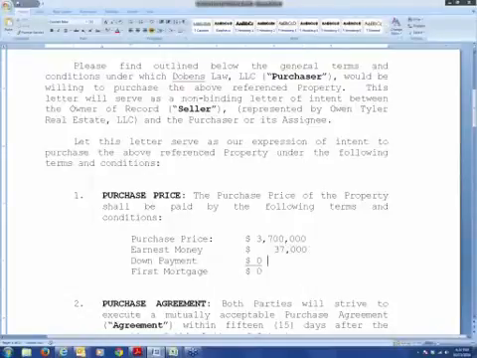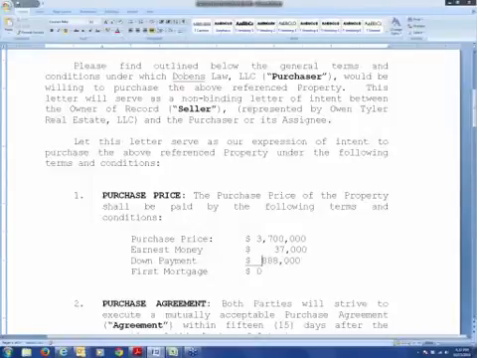And then the down payment. Now, why do we put the down payment in there? Because what we want to do is show that we're a solid buyer. Remember we said it was 25%. So if we did 3,700,000 times 0.25 equals $925,000, minus the earnest money deposit is $555,000.